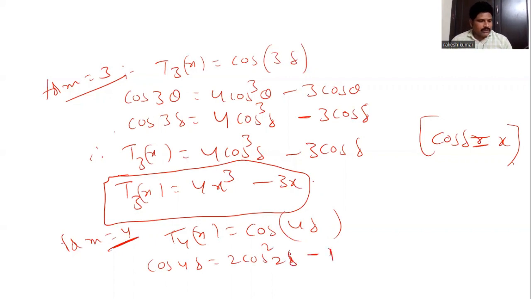Like that, for higher orders, for higher powers, you can write it as Tm plus 1 of x is equal to 2x into Tm of x minus Tm minus 1 of x.